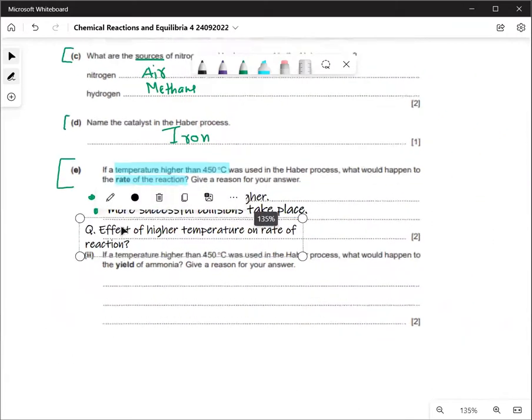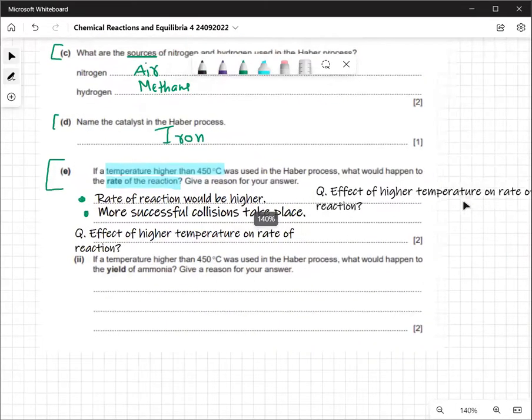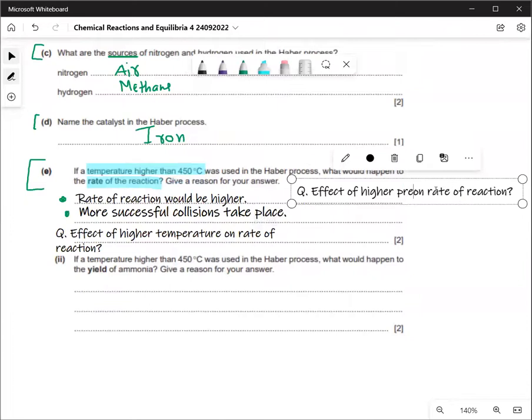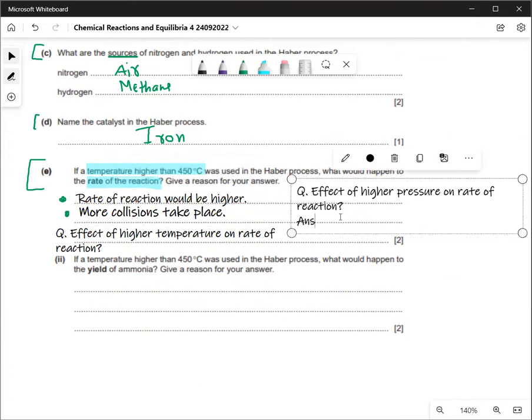Now after this, there's another question they might ask you. That is effect of higher pressure on rate of reaction. Answer. Remove the word successful from here. Just say collisions. So more collisions.